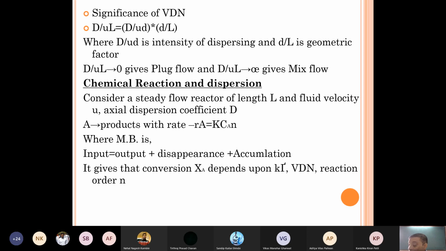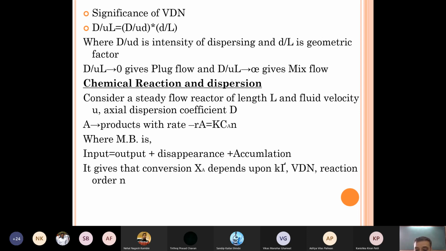Last, a very important sentence about this model. The derivation is here, I have not taken it, but I have finished the simple theoretical part. I will go for the derivation with chalk and board, but in the simple part I will try to complete today. Very important part: if D by UL is 0, Sudarshan, it means D is 0.